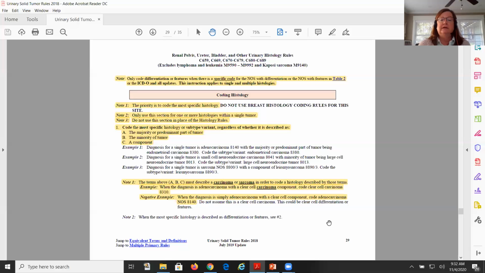However, if the diagnosis is adenocarcinoma with a clear cell component, you would just code adenocarcinoma 8140 NOS. Do not assume that this is a clear cell carcinoma. This could be clear cell differentiation or clear cell features. So only if your component or minority part of the tumor is described in terms of a carcinoma or sarcoma component would you code that more specific code.